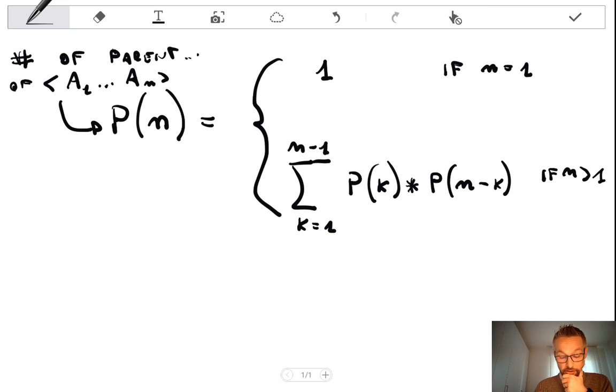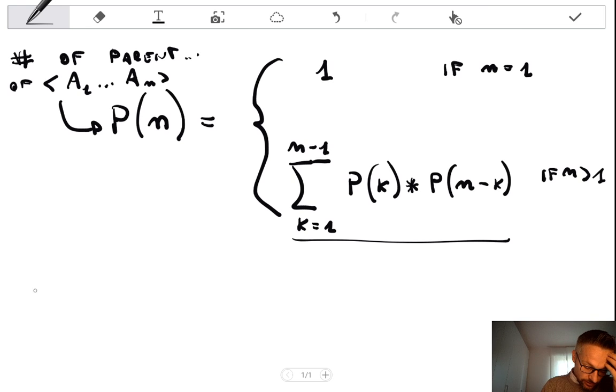And this is it. Now let's try to figure out a possible closed formula for Pn, because here we have a recursive version. How can we do it? Well, let me just try to write this part extensively.